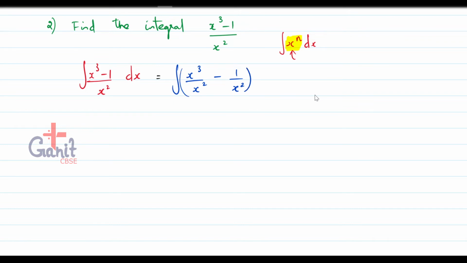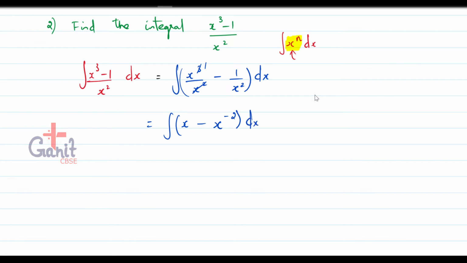That's basic fractions: when we have a common denominator, we can add or subtract the numerators. So we have split it into two separate fractions. Now we can simplify x cube by x square, so the remaining x will be there. And this 1 by x square can be written as x to the power negative 2.